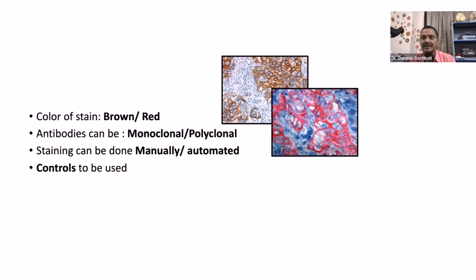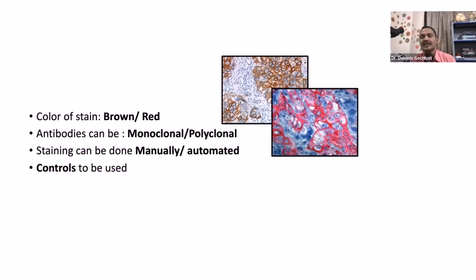If the test takes up and the control takes up, that means it is a good one, because both have worked properly. But if your test doesn't take up and your control takes up, that means it is true negative. If both are positive, it is true positive, whereas if your test takes up and control doesn't take up, then we cannot interpret that result. But in reverse, if your control is positive and test is negative, that means the test is true negative, or that tumor is not a true melanoma.